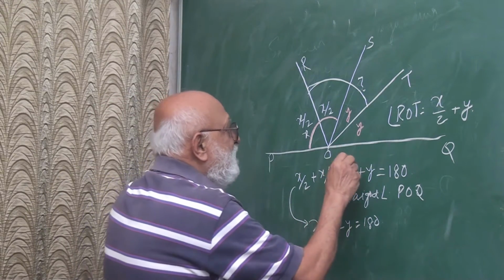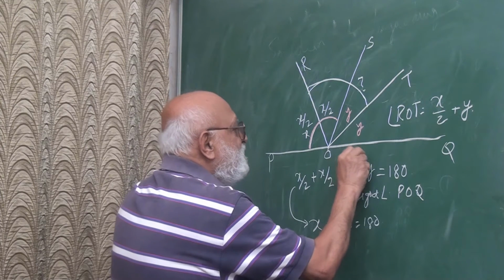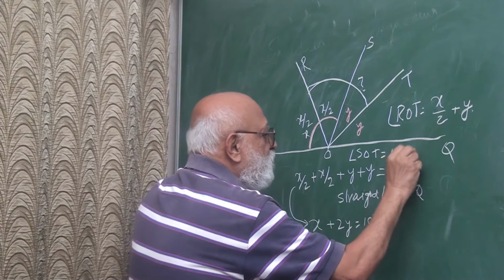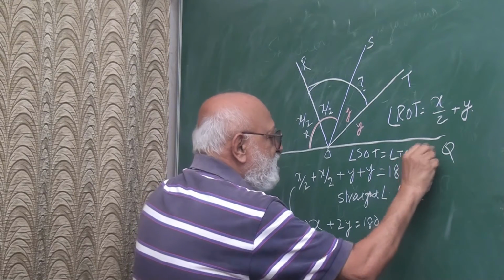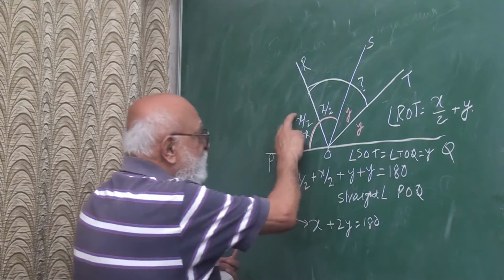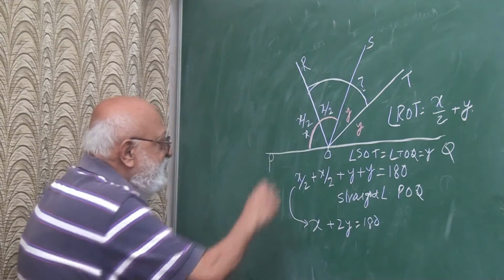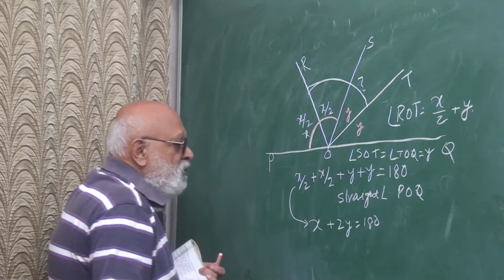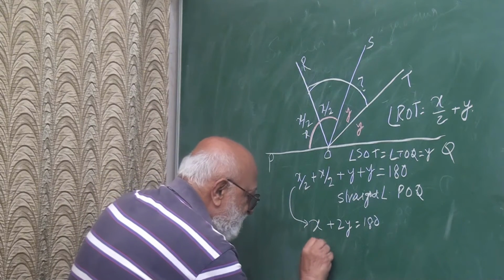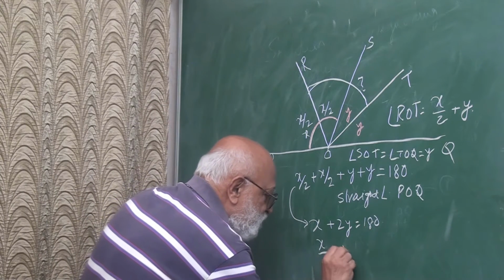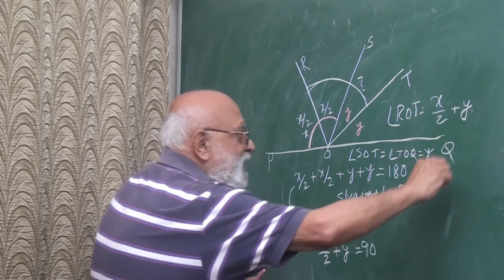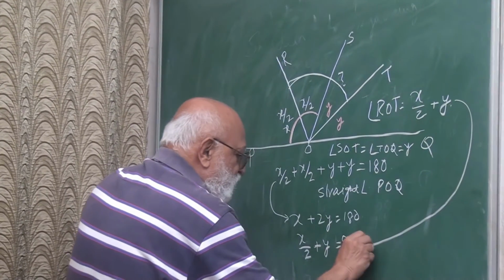So you have to write down angle SOT is equal to angle TOQ is equal to angle y. This you have to write down, because this is your assumption. X is already given here. So if I divide this by 2, this will be x by 2 plus y, and this will be 90. So this is exactly what we set out to find.